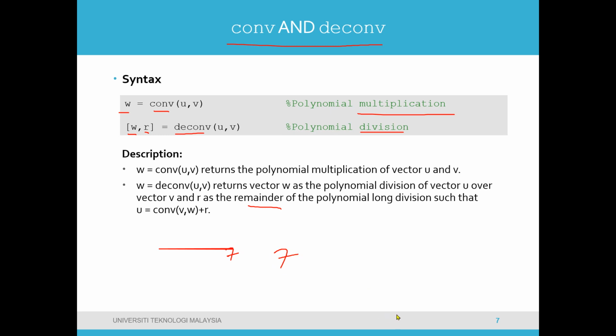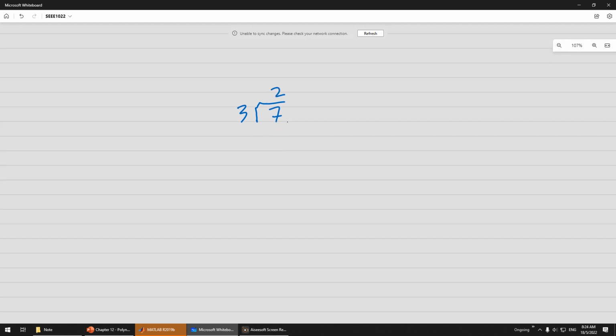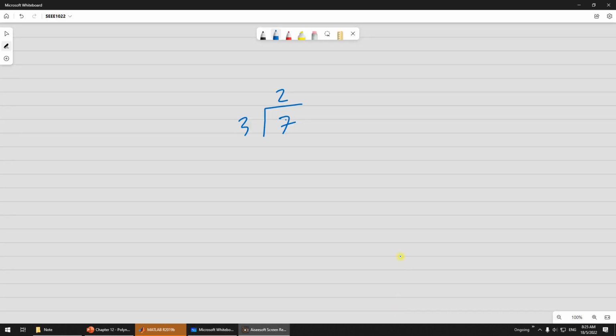Let me change to the whiteboard first. If you recall remainder, for example, 7 divided by 3. 7 divided by 3 is 2. 2 multiplied by 3 is 6.